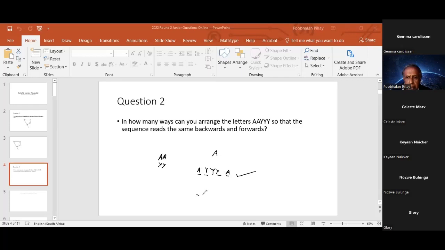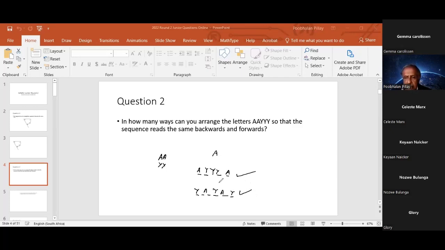Okay, so let's try to put Y in the beginning and see what happens. Remember, Y is in the middle. If you put a Y here, then Y also goes here. So now all the Y's have gone. There are only 3 Y's. So you've got no choice but to put the 2 A's here. And again, this reads backwards and forwards.